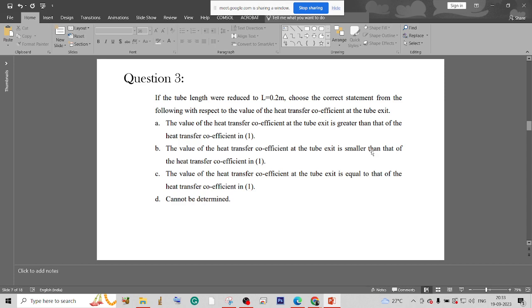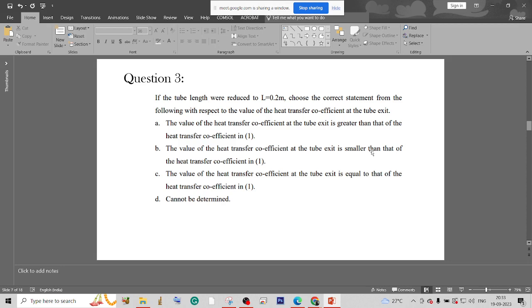At the exit, for the fully developed flow, there is a mean velocity, right? But when the flow is not fully developed, it will be like this, right? The boundary layer is still developing. After some point, the two boundary layers will merge, and at that point the flow will be fully developed.